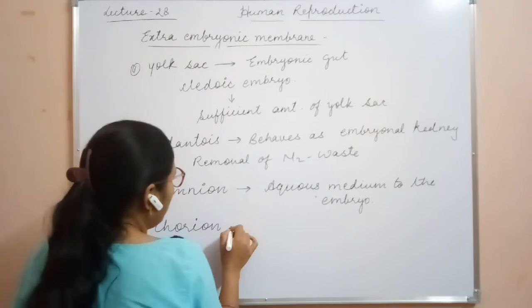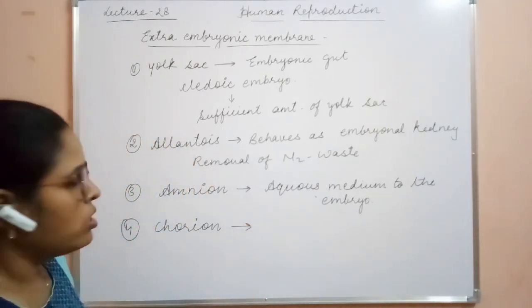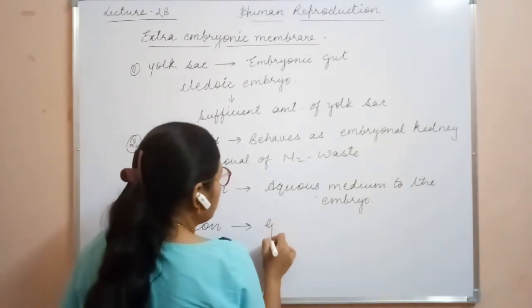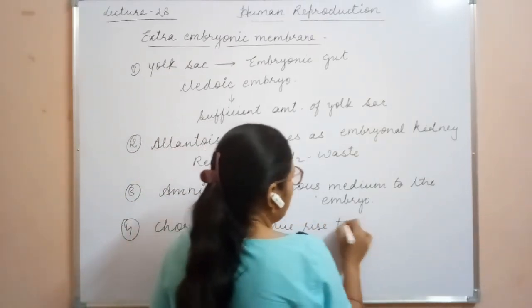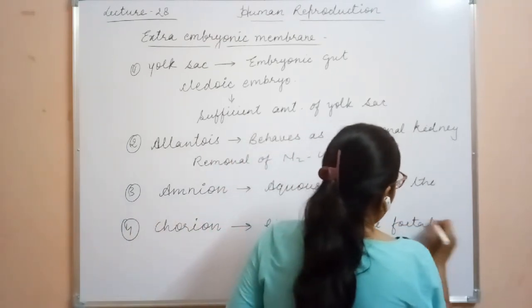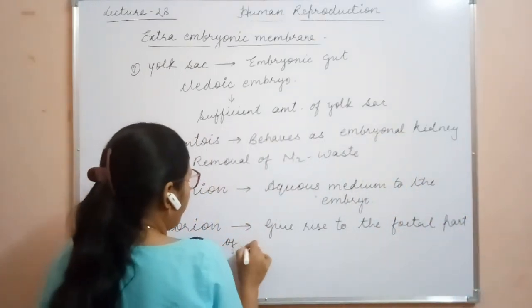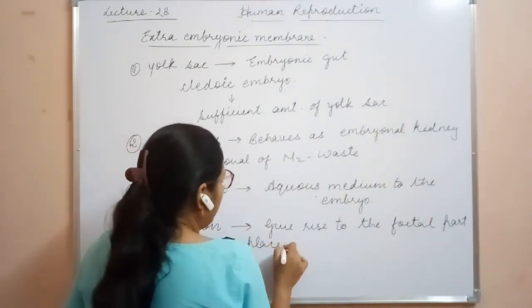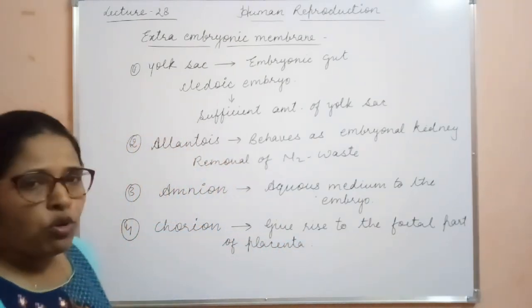This chorion is well developed in case of human beings because this chorion will give rise to the fetal part of placenta. That's why it is a developed membrane in human beings.